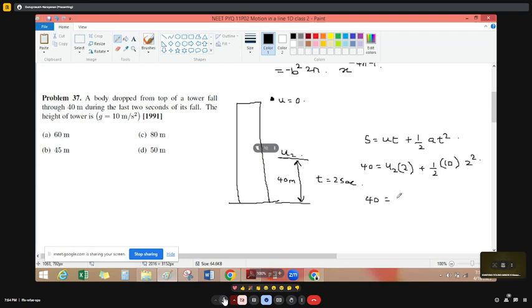40 equals 2u2 plus 5 into 4, it will become 20. So 40 minus 20, 20, 20 divided by 2, it will give me 10. So u2 is equal to 10 meter per second. So that means I know the final velocity for this region.